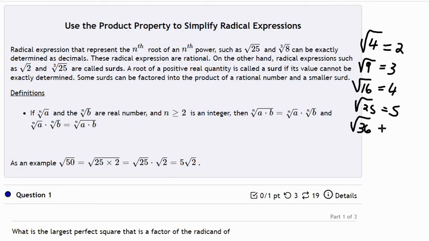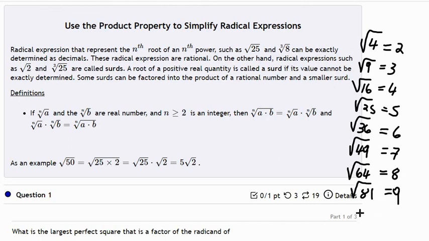Square root of 36 is 6. Square root of 49 is 7. Square root of 64 is 8. Square root of 81 is 9. And of course the square root of 100 is 10. So if the radicand is only a single or double digit number, then this list would be all the possible rational factors that we can factor out of a surd.